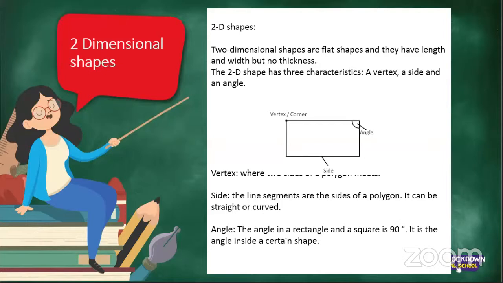For example, in this rectangle, because the angle is 90 degrees, the lines are perpendicular, so it gives you the shape of the rectangle. The only difference between a rectangle and a square is that in a rectangle the opposite sides are equal, and in a square all the sides are equal.